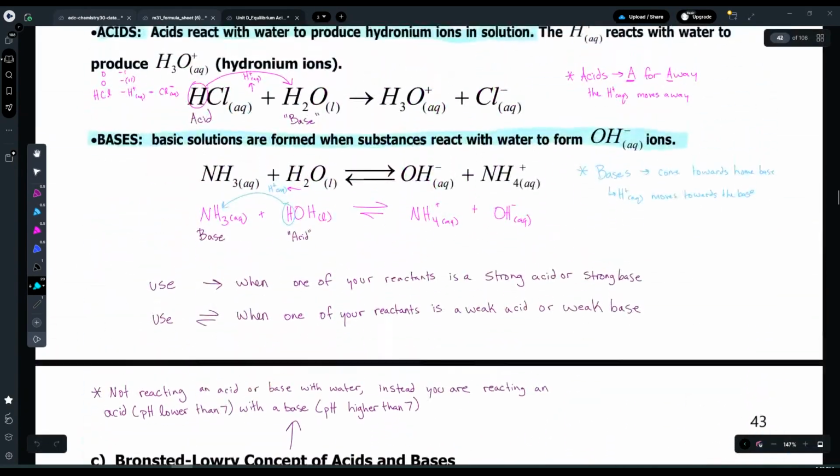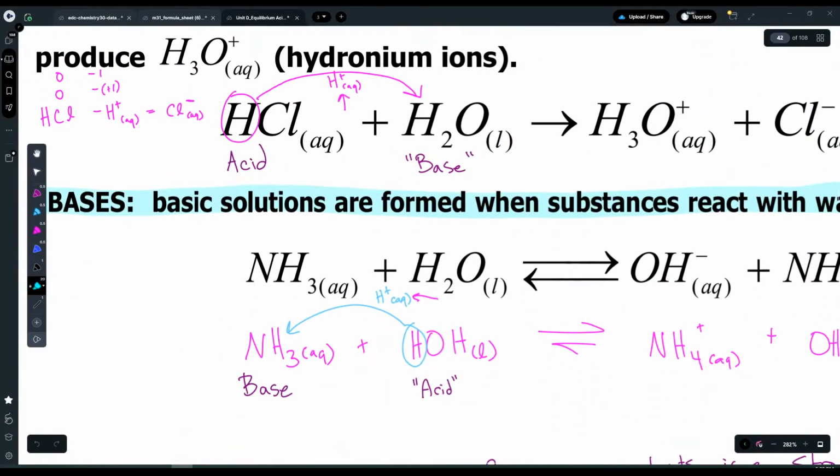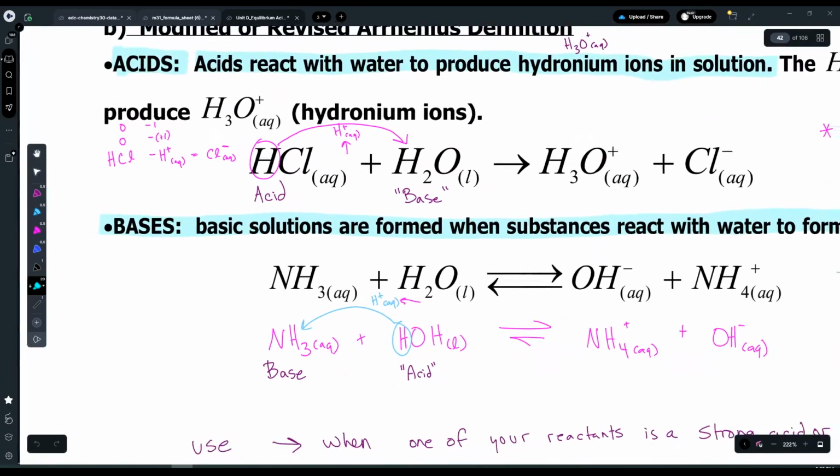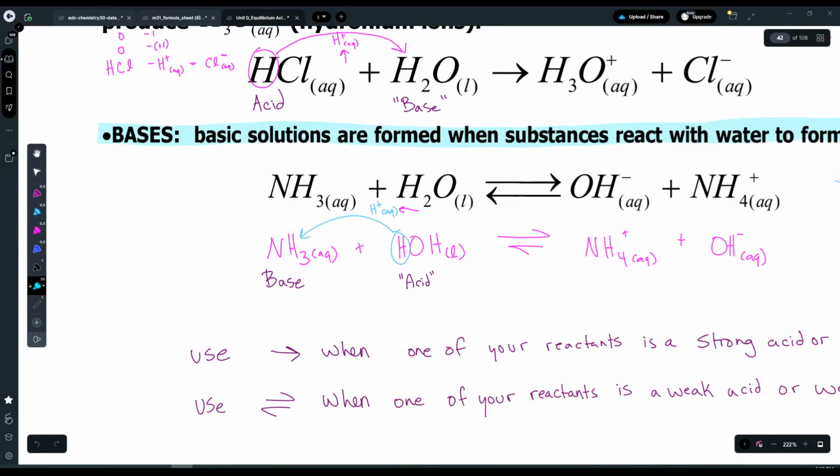So we saw water acting both as an acid as well as a base on our previous page here. So when it was with hydrochloric acid, it accepted the hydrogen from the acid, whereas when it was with a base, it donated a hydrogen to ammonia.